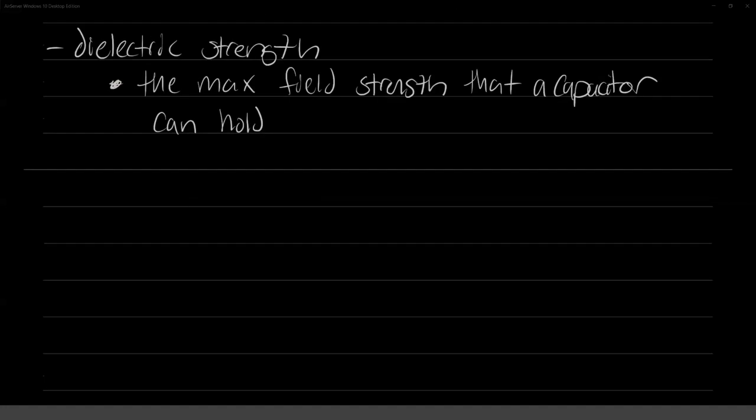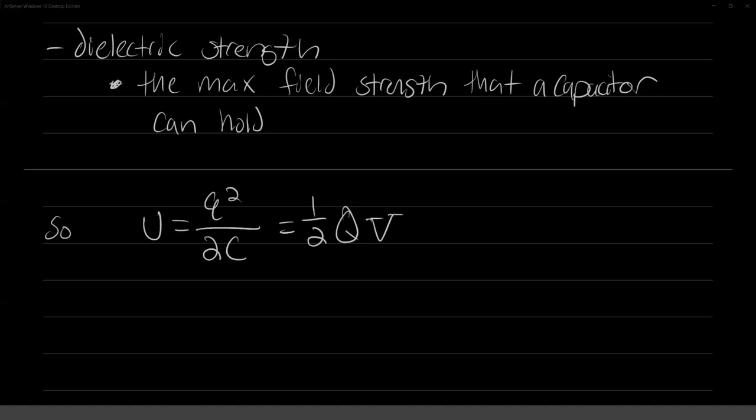So ultimately, we can combine all those equations that we were talking about, and maybe mix some things around. And I think this is coming from the next page, 92. U equals the charge squared over 2 times the capacitance, which also equals 1/2 times the source charge times voltage, which also equals 1/2 times the capacitance times voltage squared.